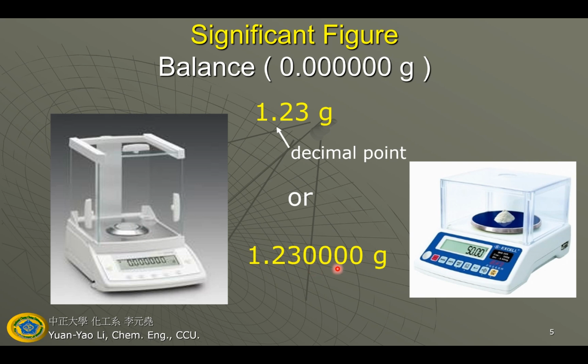However, this balance only gives you 2 digits after the decimal point, and this balance gives you 6. So how are you going to describe these two? We use significant figures to describe that this is more precise than this number.